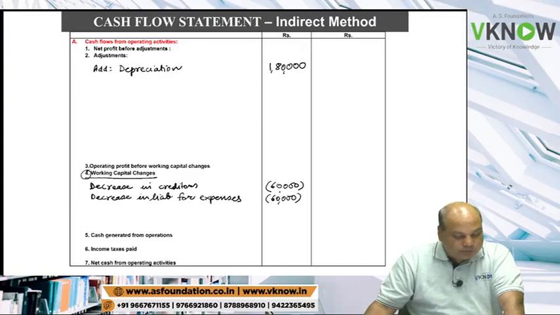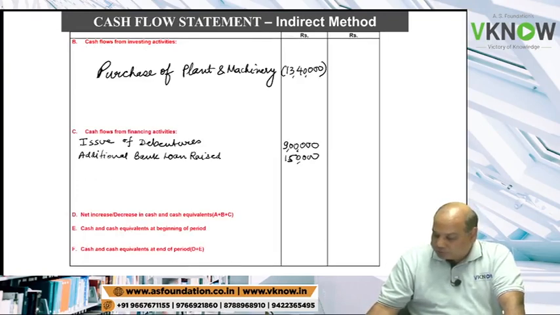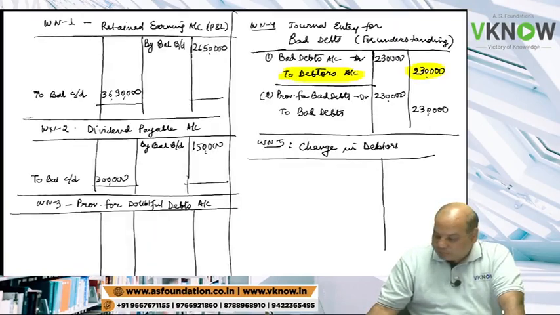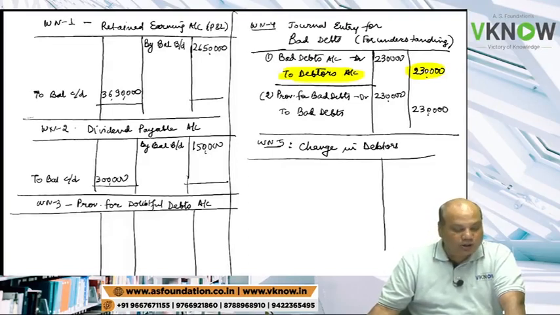Next point, current asset, debtors. Debtors come to working note number 3 and 5. So first I'll complete working note 3, provision for bad debt.